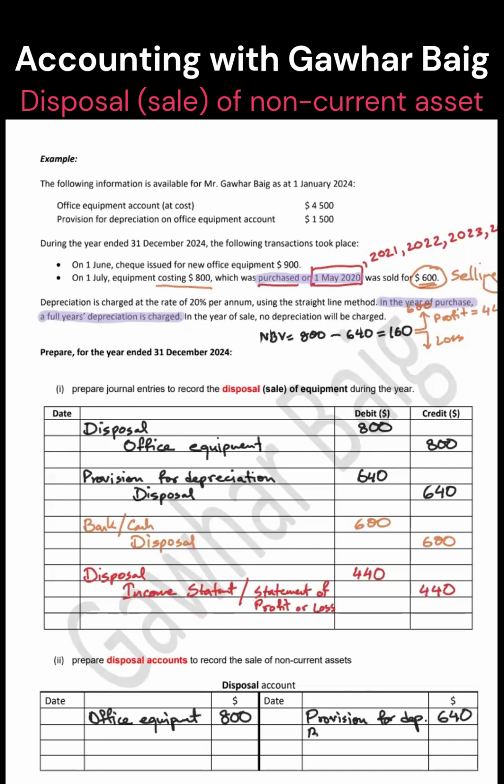Third is the selling price, which is bank or cash, $600. Then the balancing figure, which is basically the income statement. Since we are making a profit, you'll see that the profit will appear on the debit side, which is also the balancing figure of the disposal account. So that's the disposal account for you.